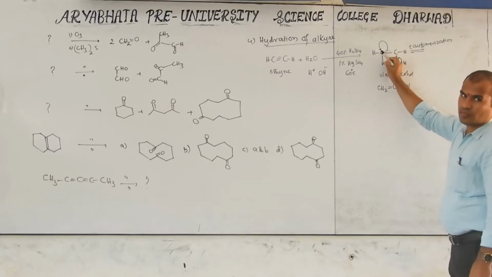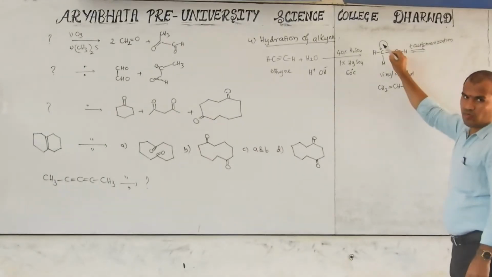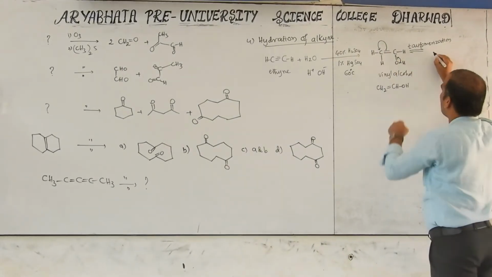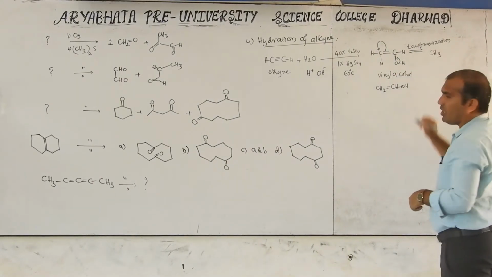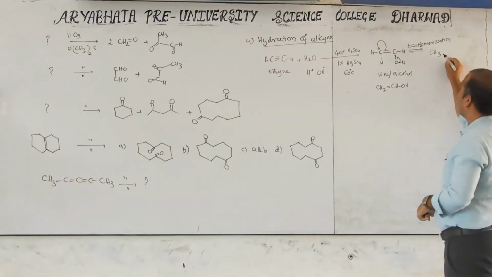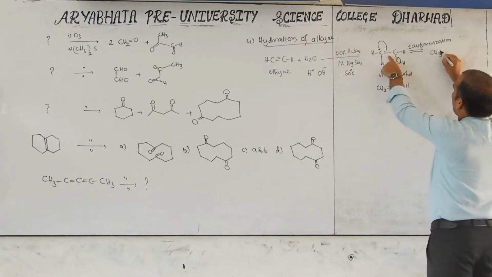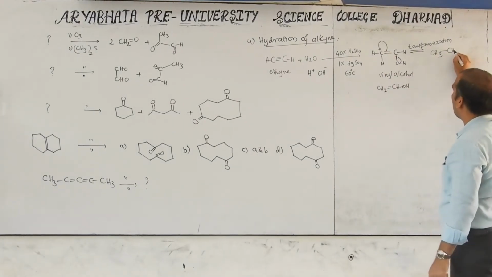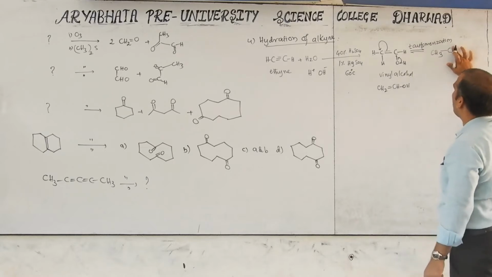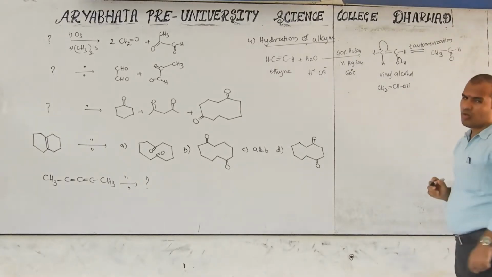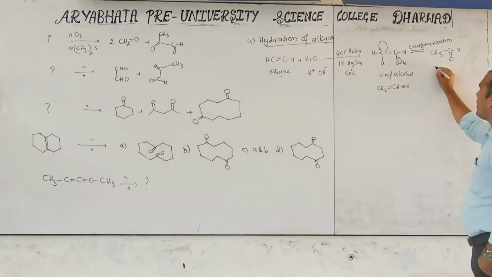Negative charge, positive charge, bond formed. Then we get H and H. This H also comes, so totally CH3, and this H will be bonded here. CH3, next this is a single bond, 1 bond out. CH, and this is a double bond. What do you call this? Acetaldehyde.